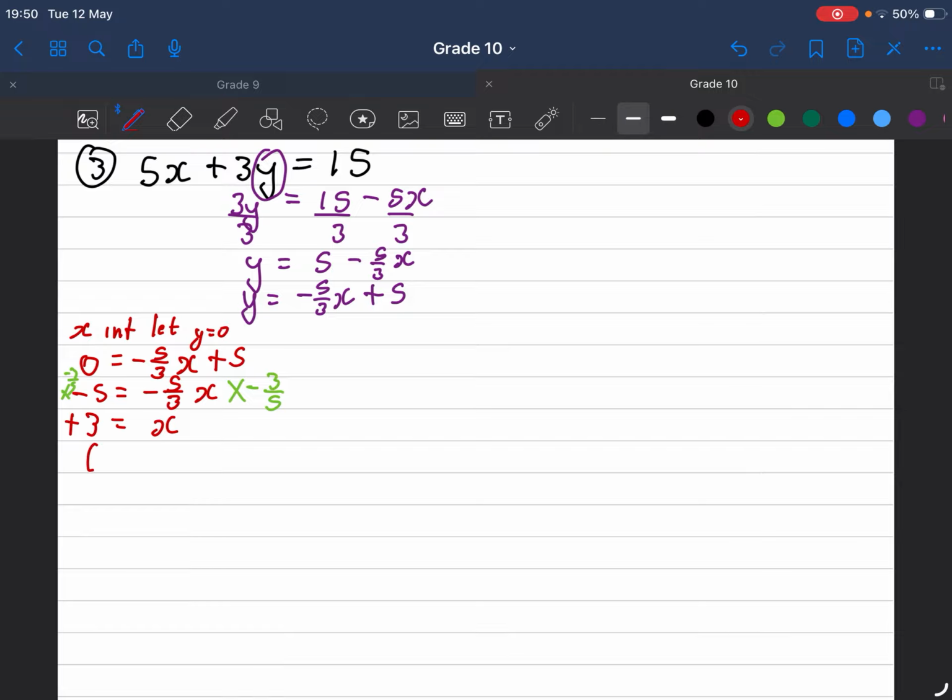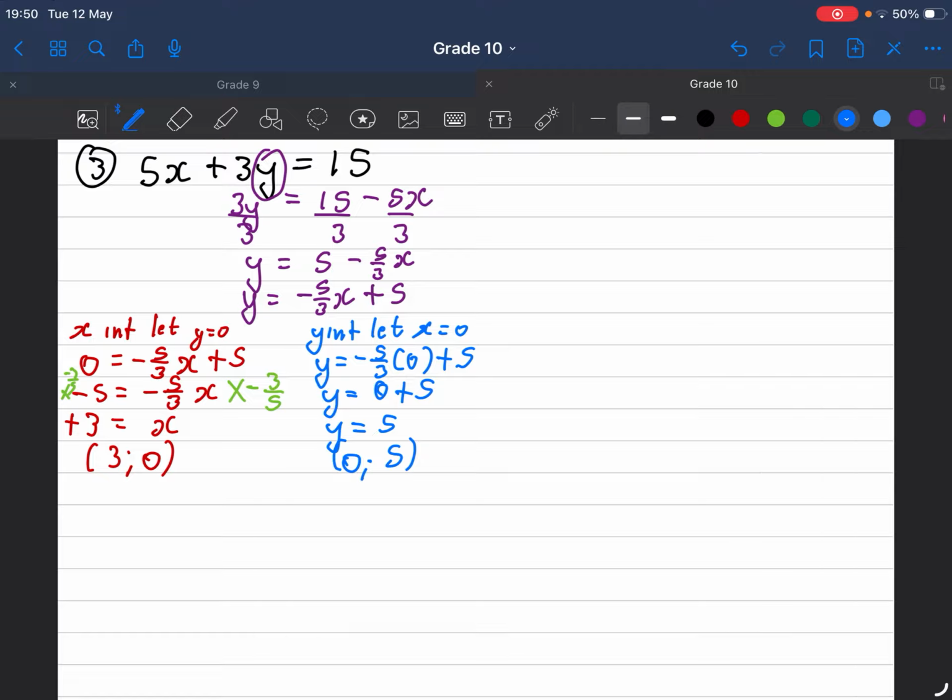So your x-intercept is going to be 3 and 0. Then we're going to say y-intercept, let x equal 0. The process doesn't change. We're just doing it over and over. So y is equal to minus 5 over 3 into 0 plus 5. So y is equal to 0 plus 5, which is just 5. So you've got 0 and 5.